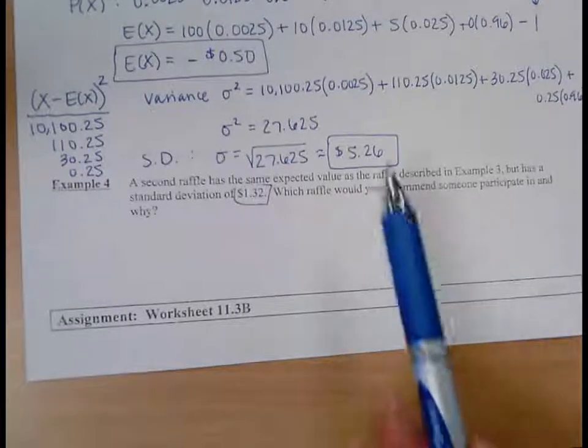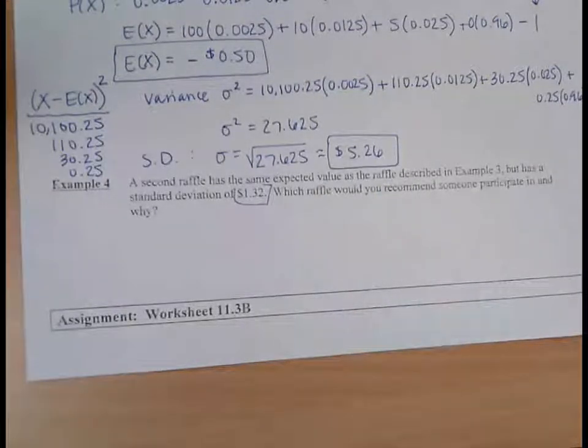So this is where standard deviation is helpful when you can compare. It's usually used if two different data sets have the same mean, or in this case, the same expected value. So there's two raffles, same expected value. You want to know which one you should enter to give you a higher chance of actually winning something.